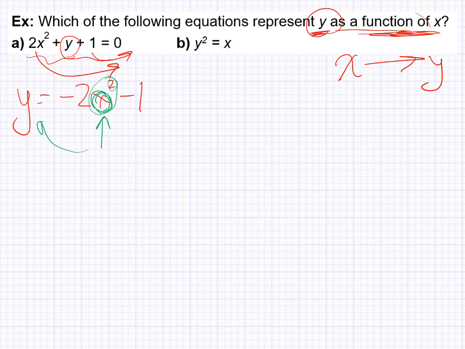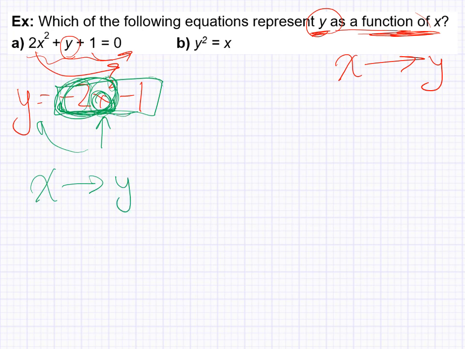Then that single value would be multiplied by -2, thus still giving you a single value for this whole thing. Then that single value from there would then in turn have a -1 subtracted from it, thus still giving you a single value. So a single x would give you a single y.